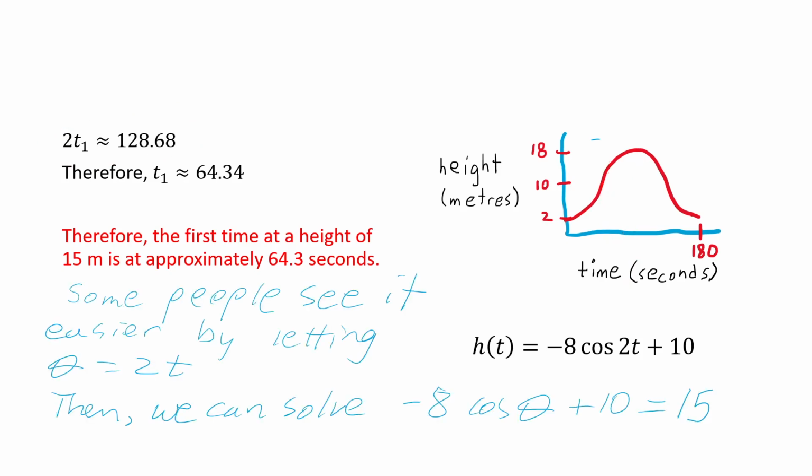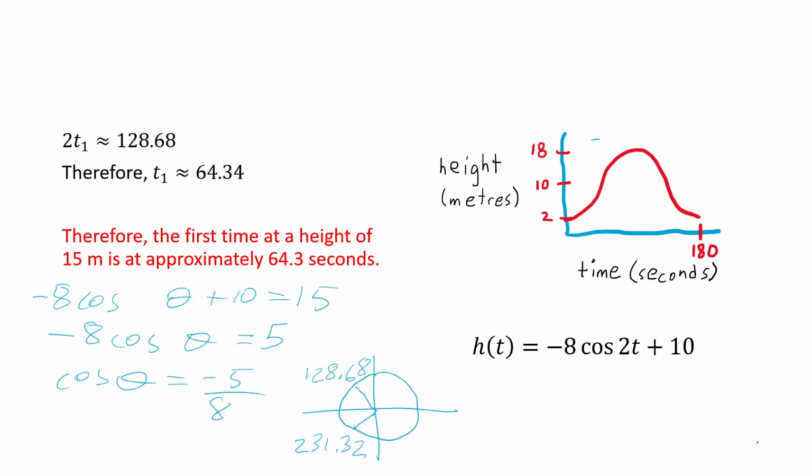Then what we're really solving is -8 cos of theta plus 10 is equal to 15. They subtract 10 from both sides, and then they divide both sides by -8. And then they have cos theta is equal to -5/8.